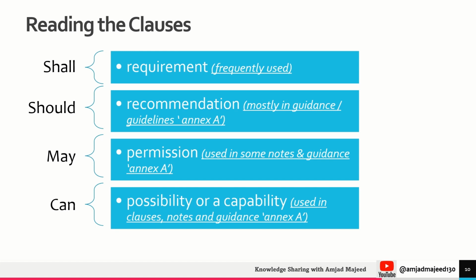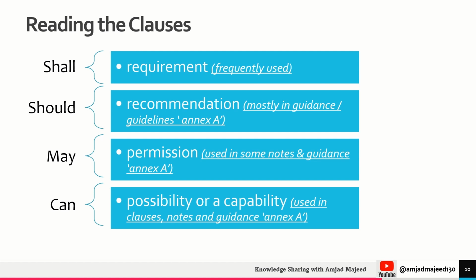Then you have one word, that is can. Okay, it refers to the possibility or the capability that it is possible, or that thing can be done in another way as well. So it is mostly used in the clauses as well as in the notes and the guidance.